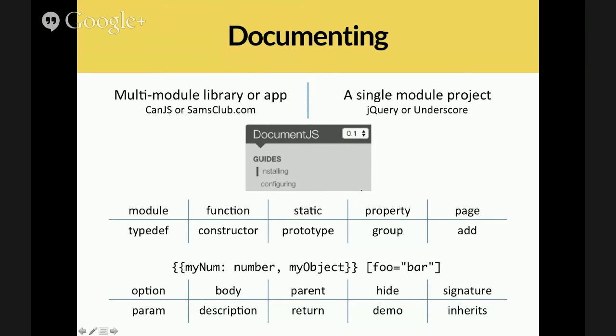Or do you have something like jQuery or underscore, which is a single module, just a single export? You're exporting the $, you're exporting underscore. You don't want things broken up by modules, just something with a bunch of methods on it. In some ways, CanJS is currently this, but it's evolving to this.